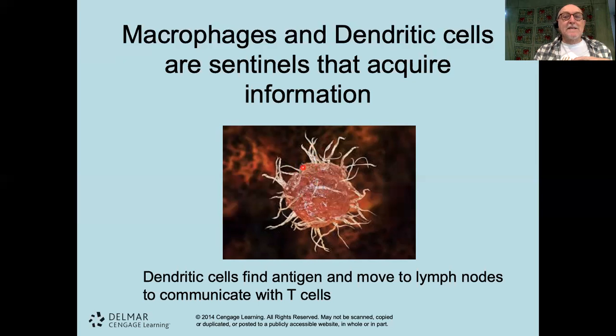What they do, in fact, is they continually sip. They continue taking little tiny bits of the interstitial fluid. And if they pick up virus or if they pick up bacteria, anything that alarms them, they will digest it and they'll put the antigenic information here on these hairs, and they immediately start to migrate.